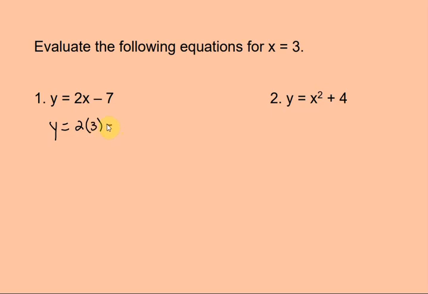Remember, whenever a number and a variable are written next to each other, that represents multiplication. So when I replace the x with the 3, I'm putting it in parentheses, and that means that I need to multiply it times the 2. So that gives me y is equal to 6 minus 7. When I simplify that, I get that y is equal to negative 1.